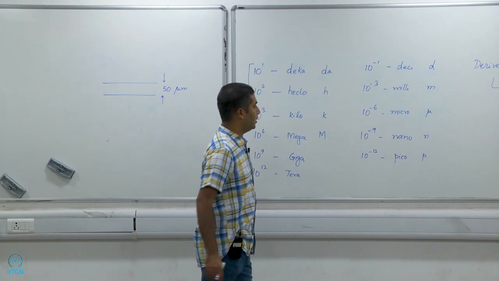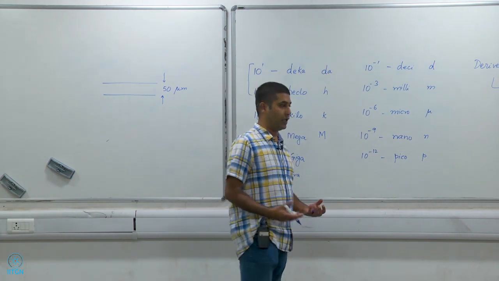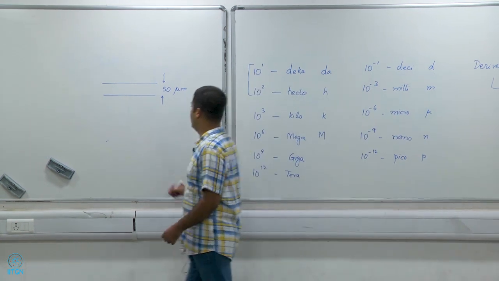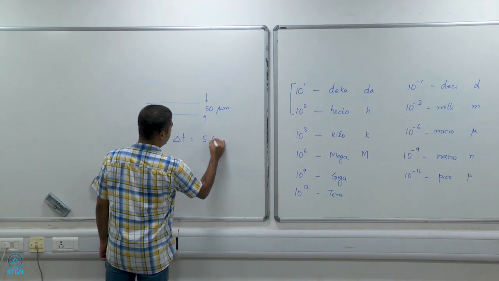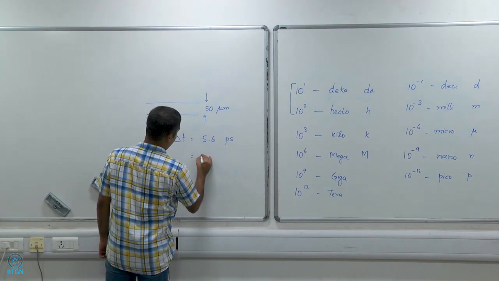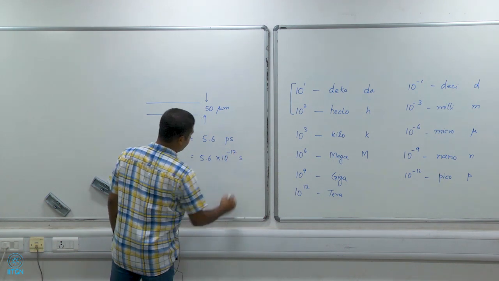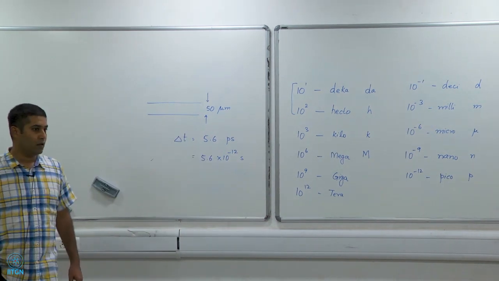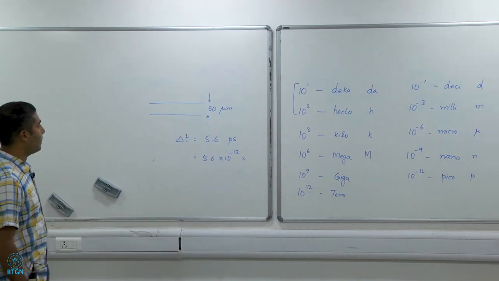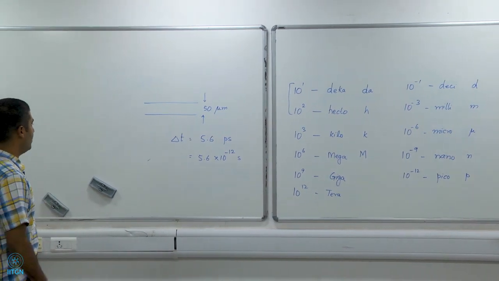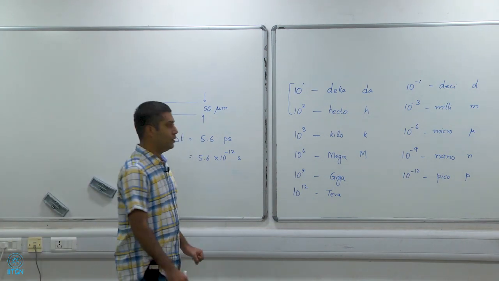So, sometimes you are dealing with time scales of the order of 10 to the minus 12 seconds, and so you can say delta t is 5.6 picoseconds. So, that means it is 5.6 times 10 to the negative 12 seconds, right. Okay. So, any questions? Okay.